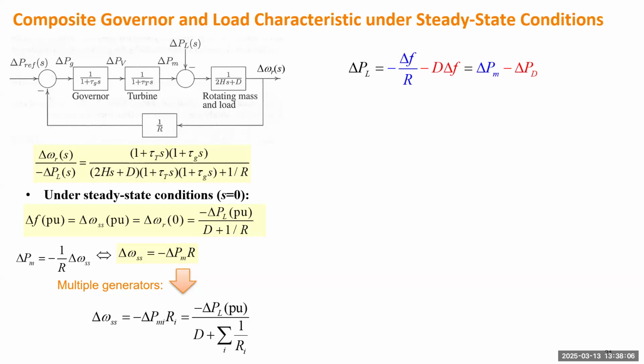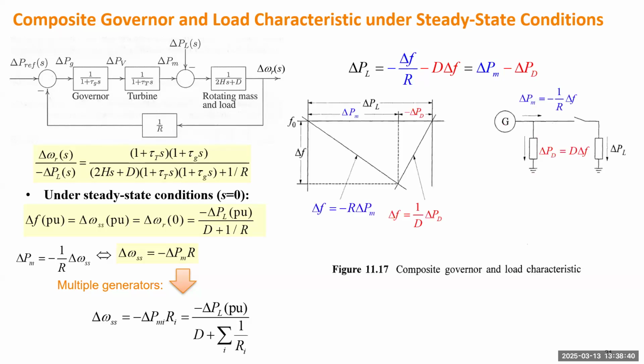That 0.1 Hertz drop will make my existing load not be the original number plus 10 megawatt. The actual load will decrease because it has sensitivity to frequency. My governor also needs to change, to pick up to balance the load. That's what this one means.